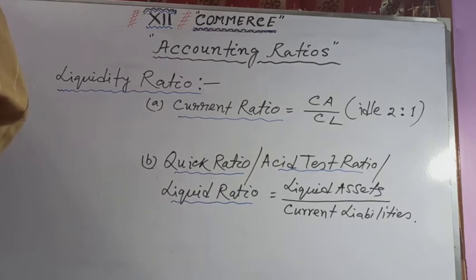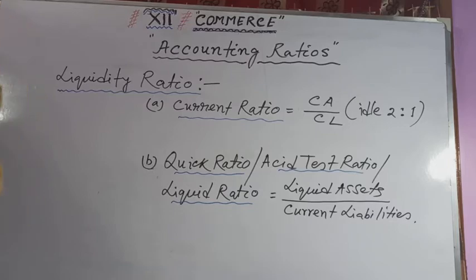If the current ratio is less than 2:1, it indicates a lack of ability or shortage of working capital. But a much higher ratio is always welcome, as it may indicate proper investment policies of the management.